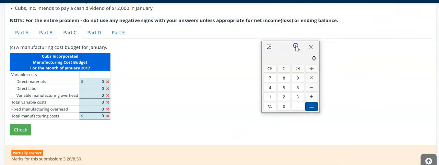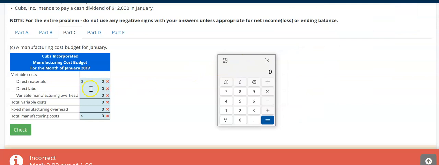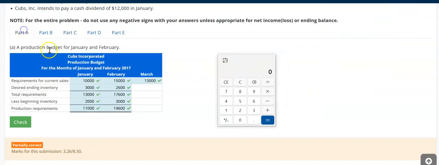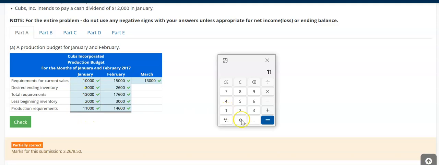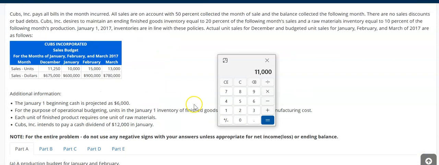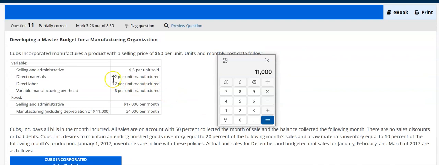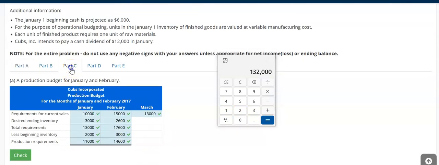So let me get this where I want it here. For direct materials, we've got our 11,000 here. And then in the scenario, we know that they're $12 a piece, and they're also $12 per direct labor hour. So we can multiply that by 12, and we come up with 132,000.